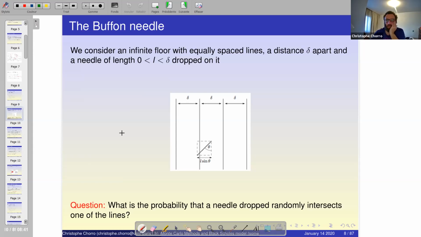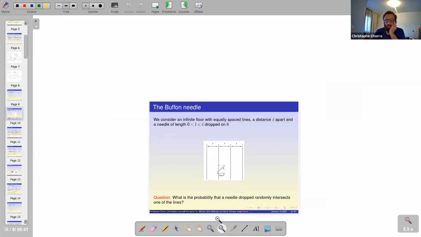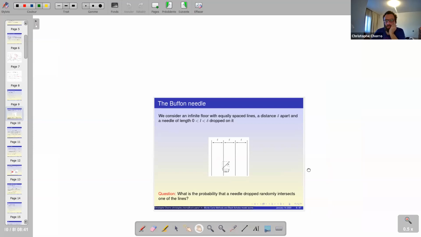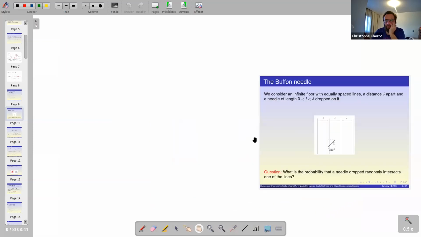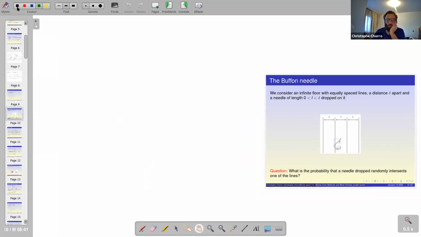Suppose that you consider, I will write the slide this way here. Suppose that you have an infinite floor, a very, very big floor in a very big room, with equally spaced lines, and the distance between two lines is delta.